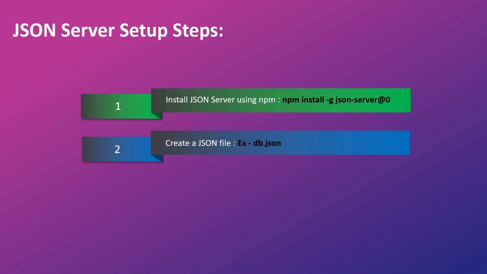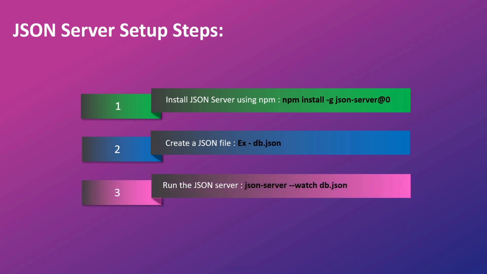Second, we will create a JSON file, that is db.json, to serve as the data source. And third step is we will run the JSON server using the command json-server --watch followed by the JSON file name, in this case, db.json. By following these three steps, we can set up the JSON server and create a mock backend API. Now let's do it practically.